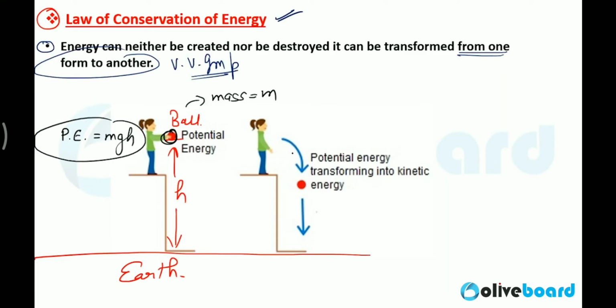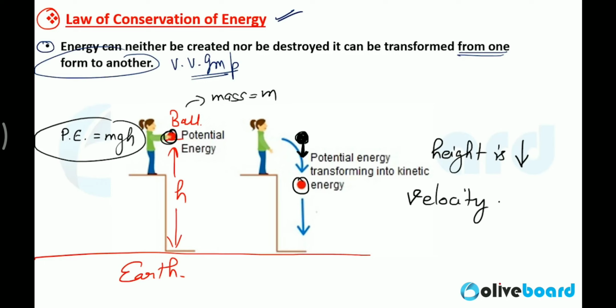Now this girl just dropped the ball, and the ball is moving in downward direction under the action of gravity. So now height is reducing with time, but the velocity of the ball is increasing, and it will keep increasing with time.